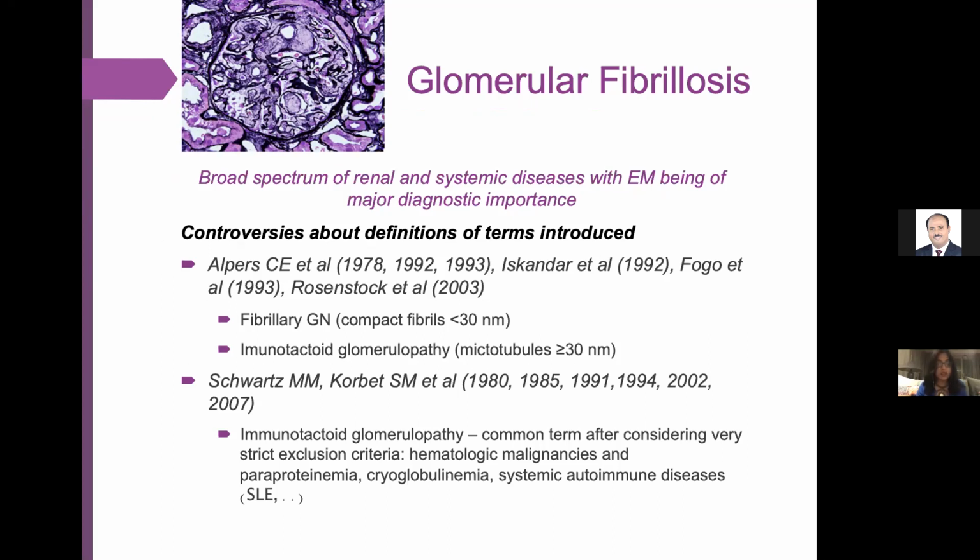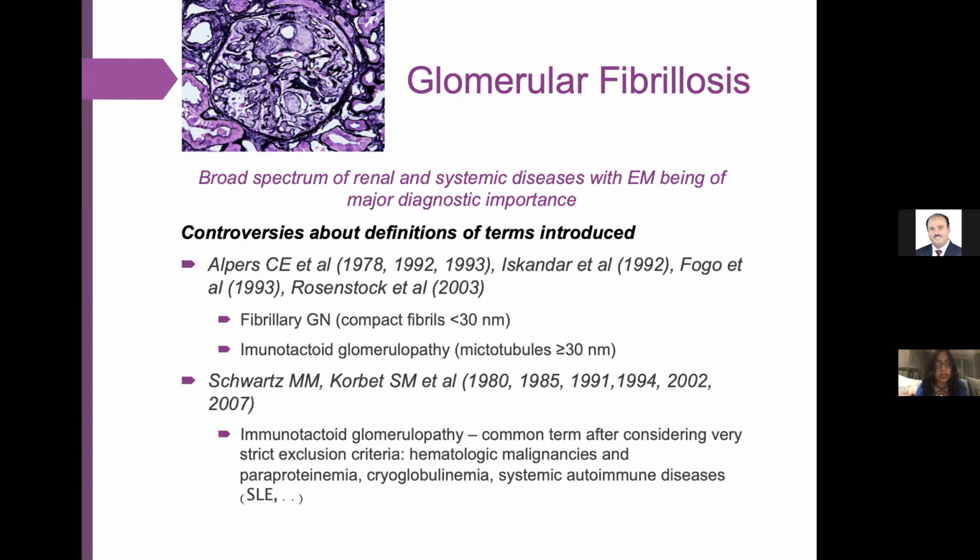For example, Charles Alpers and Agnes Fogo, Rosenstock, and so on. And the majority of renal pathologists follow these definitions, where fibrillary glomerulonephritis is characterized by compact fibrils less than 30 nanometers, while immunotactoid glomerulopathy is characterized by formation of microtubules more than 30 nanometers in diameter, or equal to.